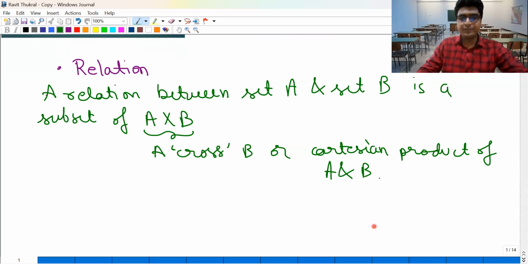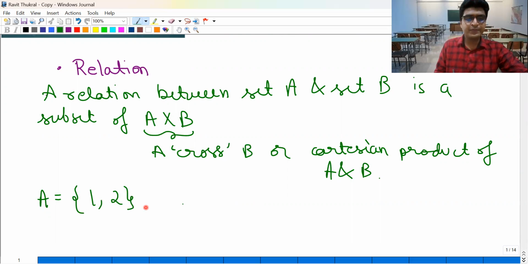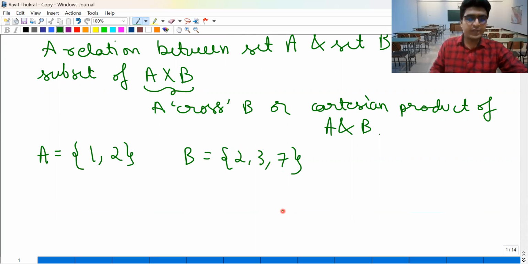So let's take an example. Suppose set A contains 1 and 2, and set B has elements 2, 3, and 7. Then what's A cross B?